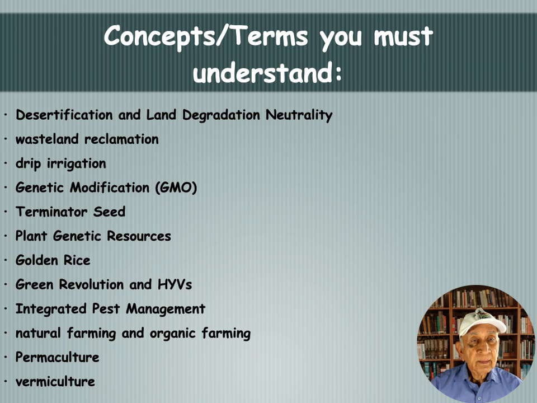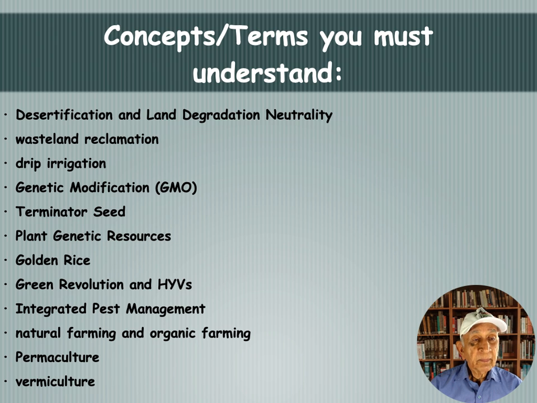Now, among the concepts and terms you must understand, some important ones are what is really meant by desertification and the UN's concept of land degradation neutrality. Then how do we reclaim wasteland? How do we use drip irrigation to minimize water consumption? What is genetic modification?